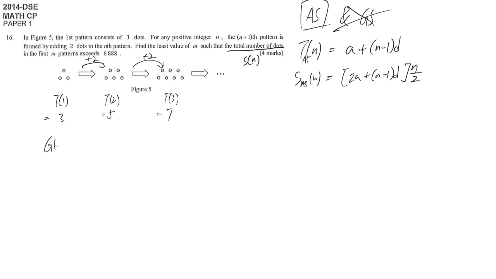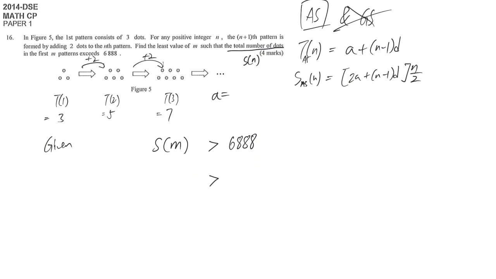Therefore, it's given that Sm exceeds 6888. Pay extra attention to whether you include the equal sign. They say exceeds, that means more than, so no equal sign here. Then we can continue to work here.